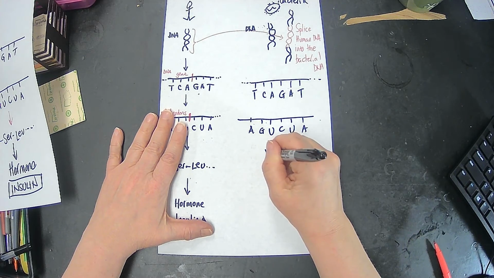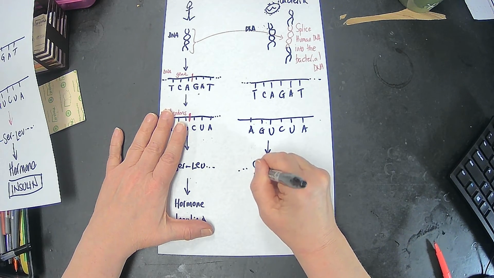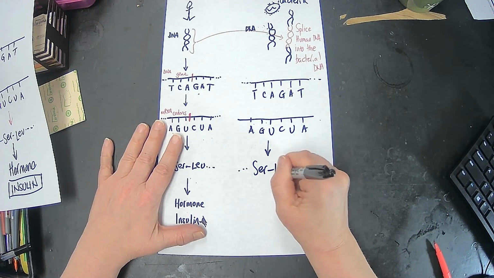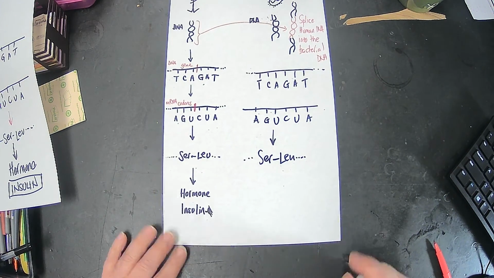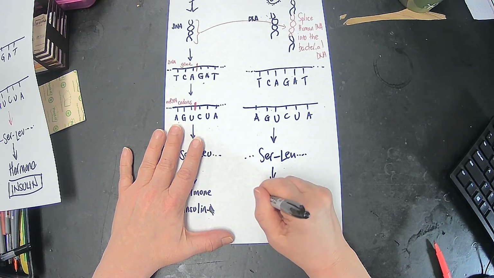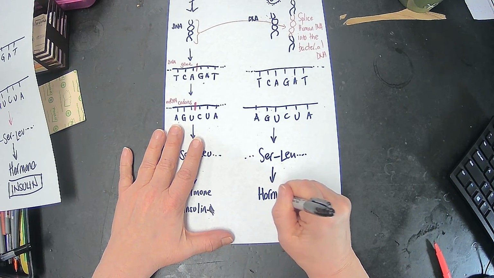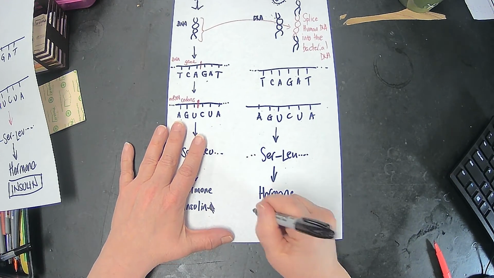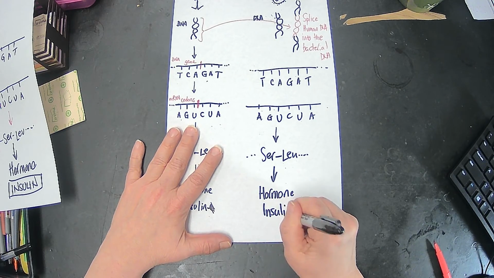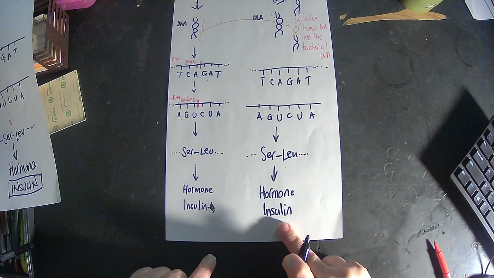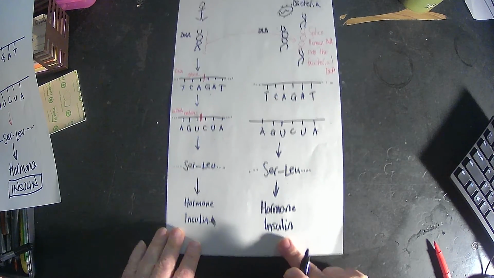And then you get translation, and that becomes a section of amino acids in a long chain that make up ultimately something that is genetically identical to human insulin. It's called a human analog insulin.